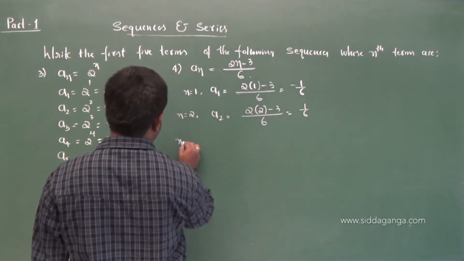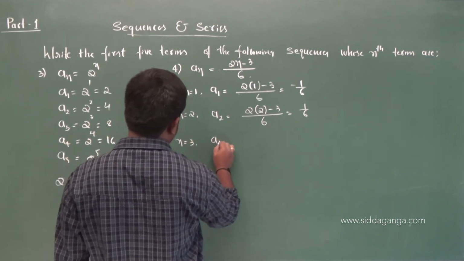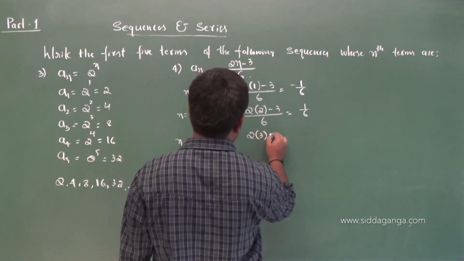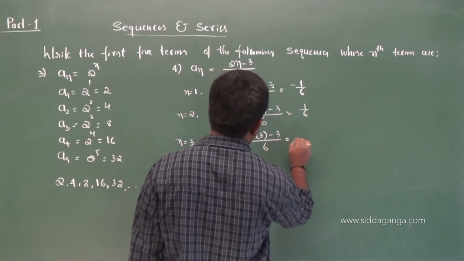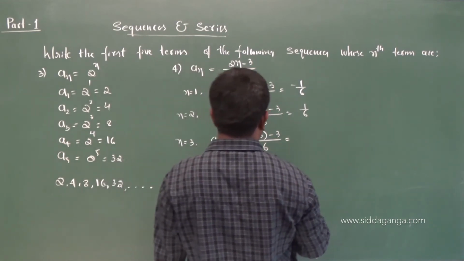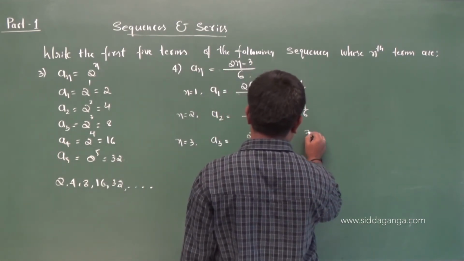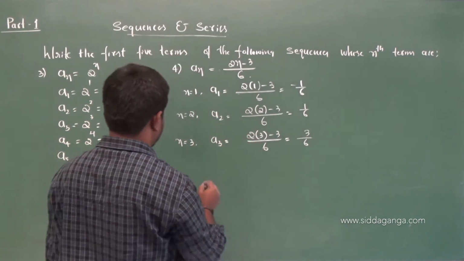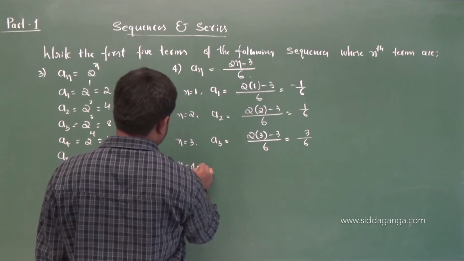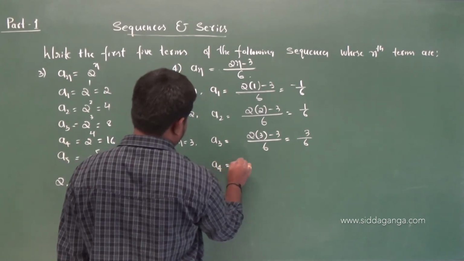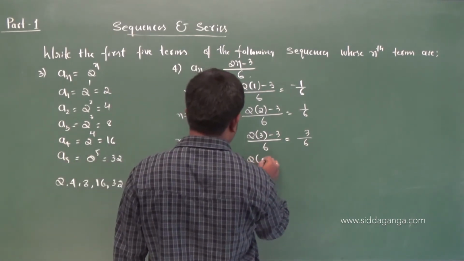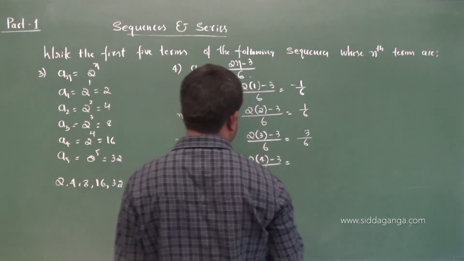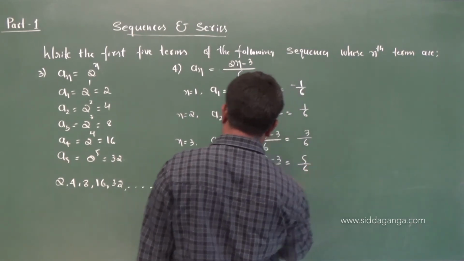And when n is 3, you get the third term, a3 is equal to 2 into 3 minus 3 by 6. You get 2 threes are 6, 6 minus 3, that is 3 by 6. And when n is 4, you get a4 is equal to 2 into 4 minus 3 by 6. So 8 minus 3, 5 by 6.